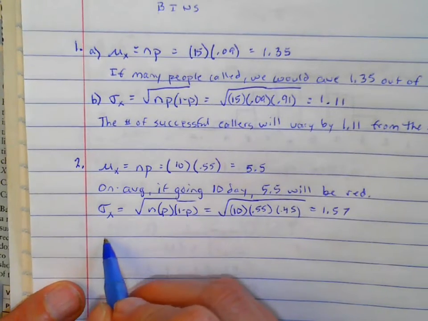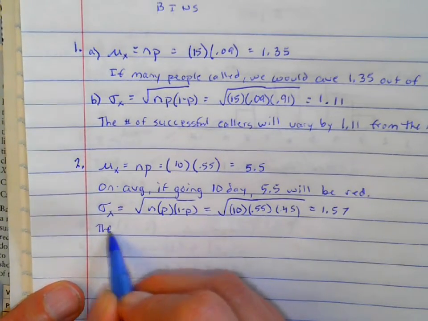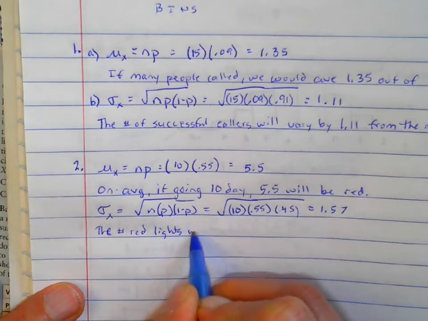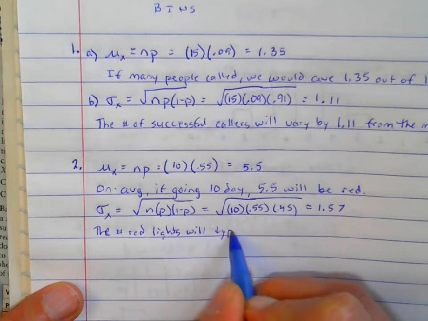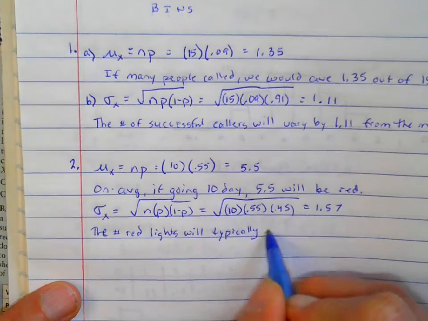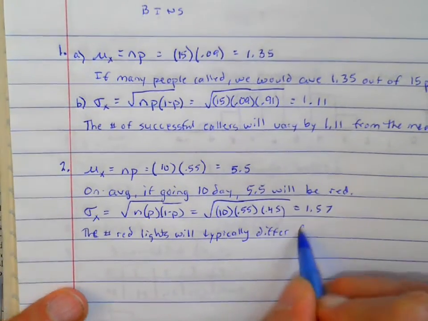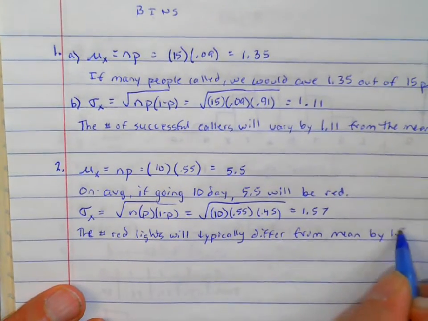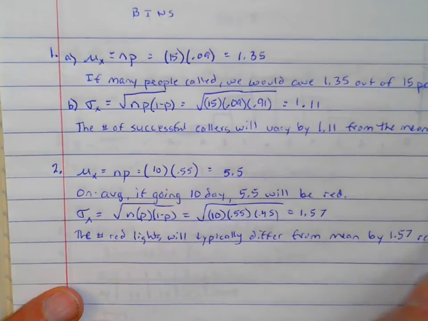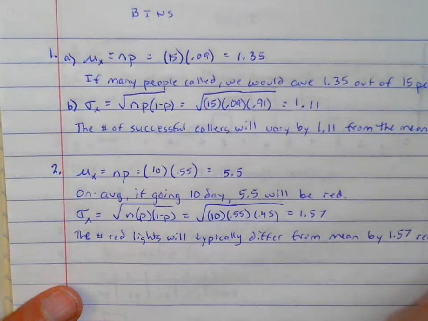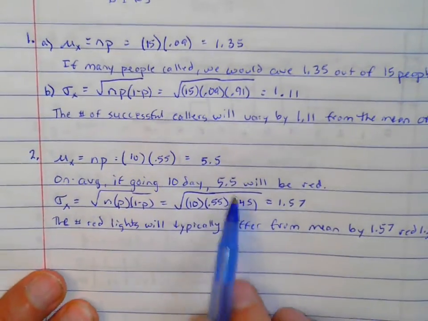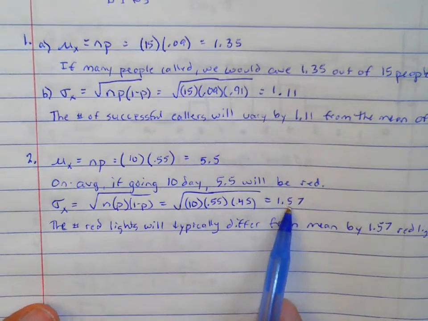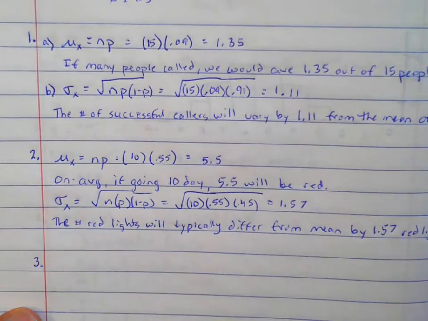The number of red lights will typically differ from the mean by 1.57 red lights. Okay, so we'll average this, but it'll differ by about that much from day to day.